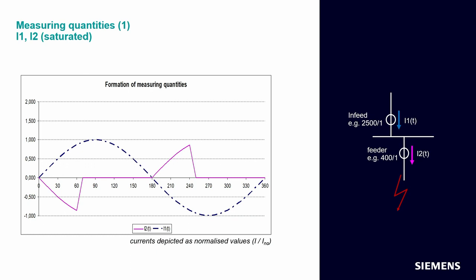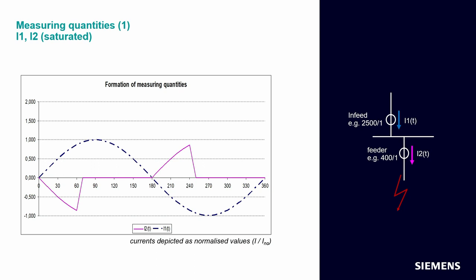And we see this blue dotted line will not saturate, but I2, that's the violet color, will saturate after about 60 degrees, which means roundabout 3 milliseconds in the 50 Hertz system.